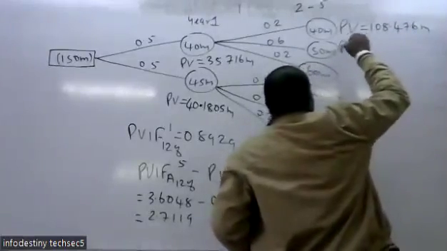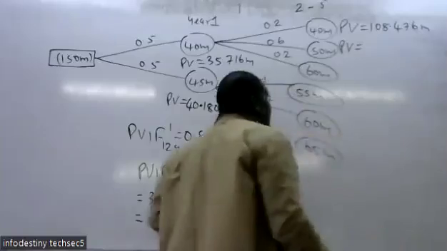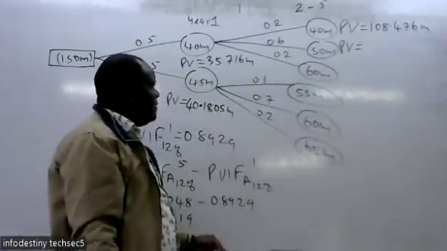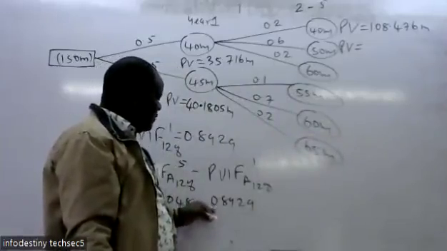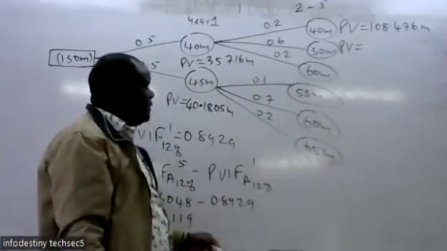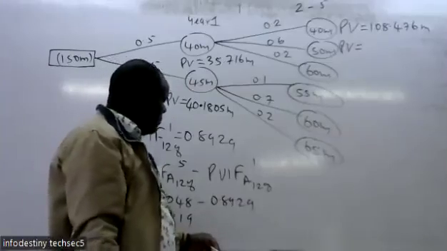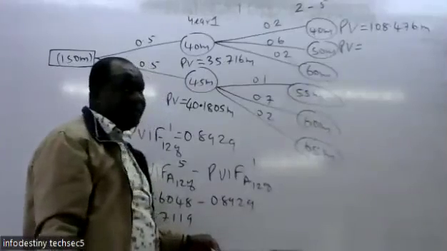So we do the same for the second one. The second one, you also take the 50 millions, multiply by 2.7119.